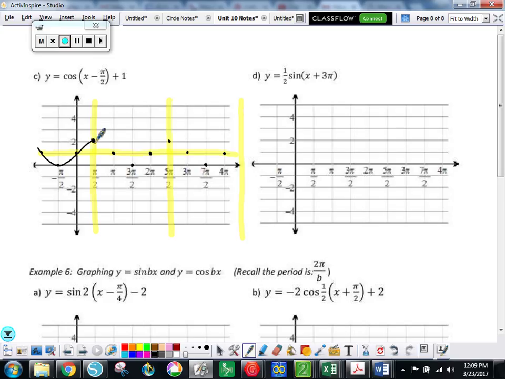Do you want us to highlight all of the periods? Just at least one, as an example. Never mind, I'm doing the line. Okay. What about part D?